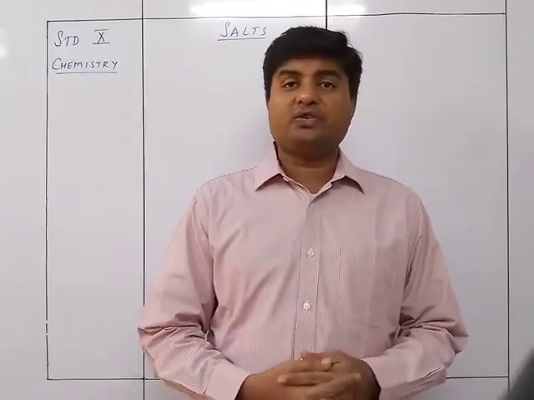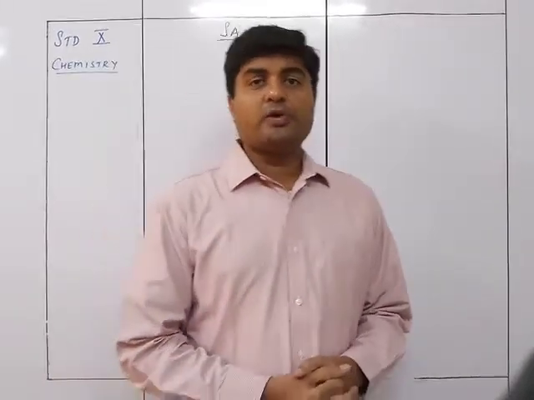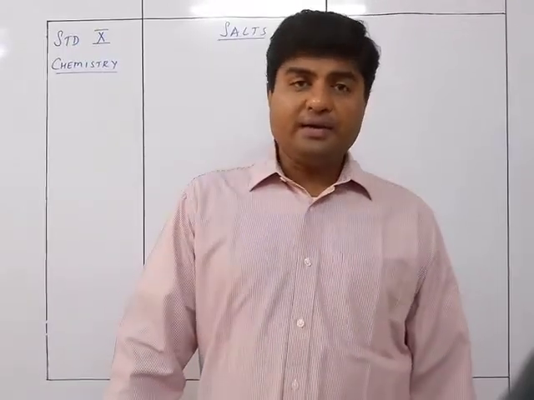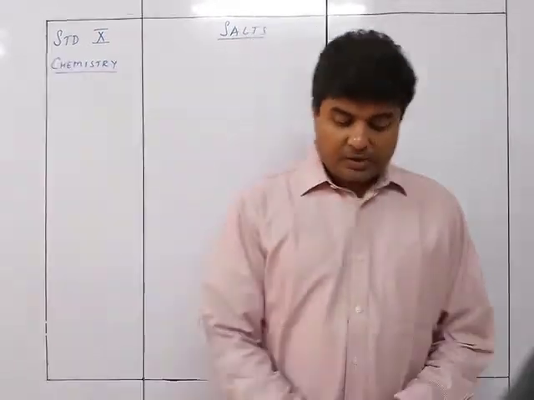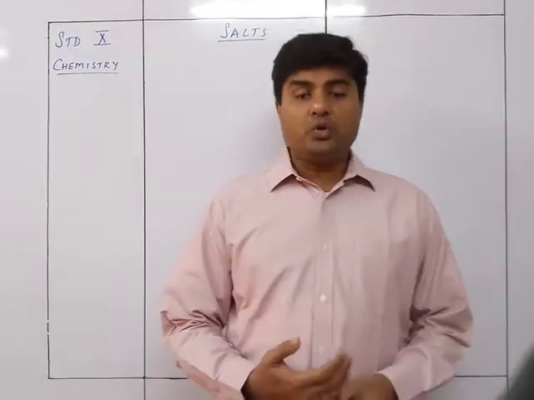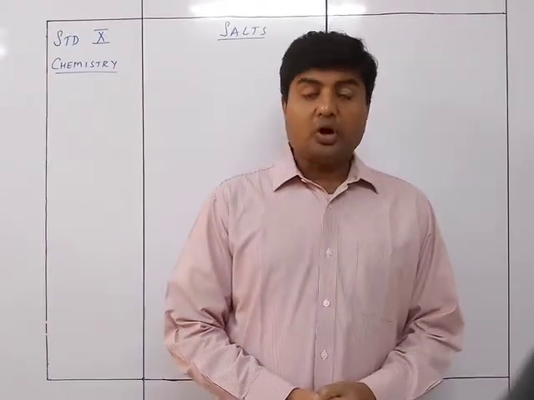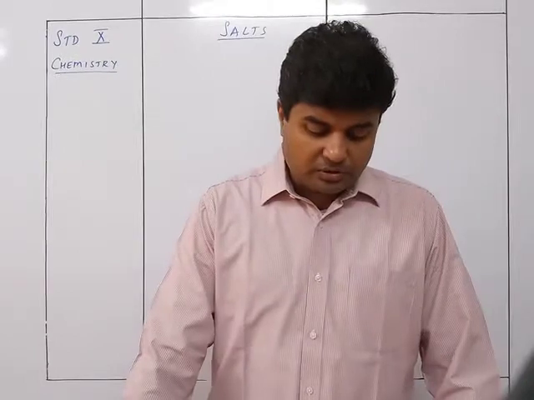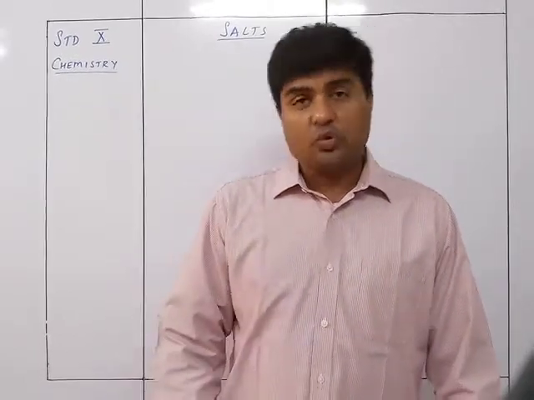One was the acidic salt, having an H ion in it. A normal salt will not have any hydrogen or hydroxide ion in it. Then there is a basic salt, having a hydroxide ion in it. A double salt has two kinds of salts mixed together, like alum. Mixed salts are formed from two kinds of acidic molecules, like potassium sodium carbonate.